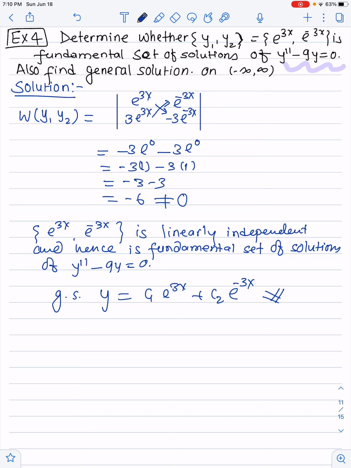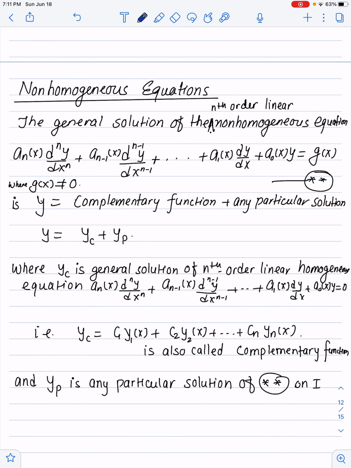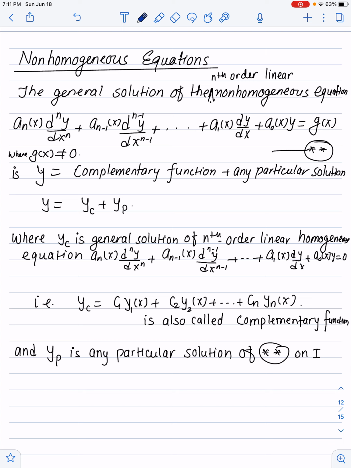Okay. All right. So far we were discussing the solution of the homogeneous linear nth order differential equation. Let's look at the non-homogeneous equation, the general solution of the nth order linear non-homogeneous equation.